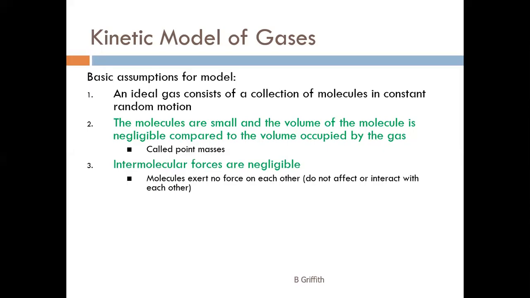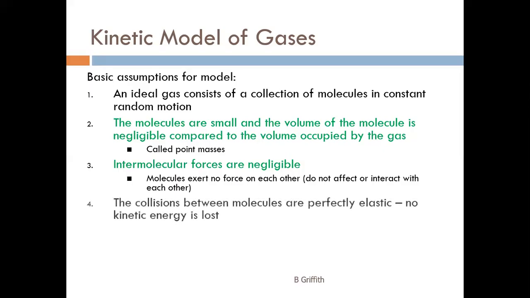Now, this again is the assumption of ideal gases, ideal meaning in a perfect scenario. So these two things, as I've mentioned before, because they're highlighted in green, are the assumptions that we will revisit when we start looking at ideal gas behavior in a little more detail.